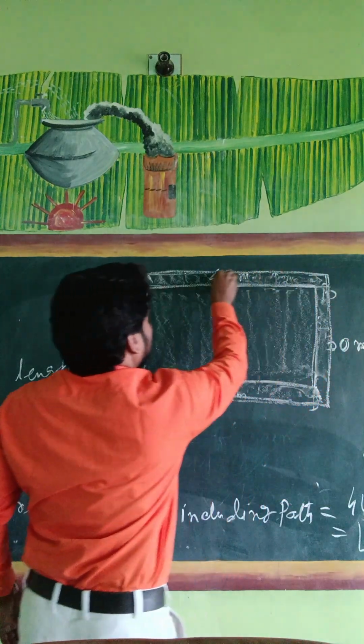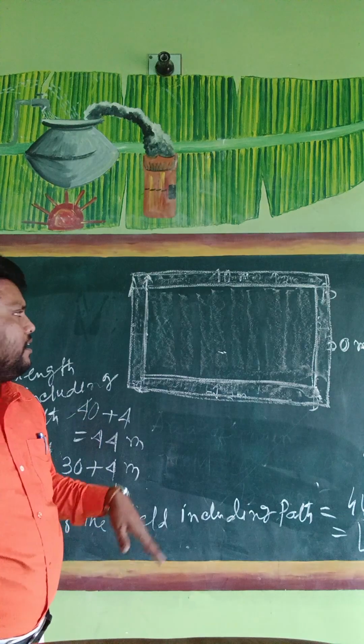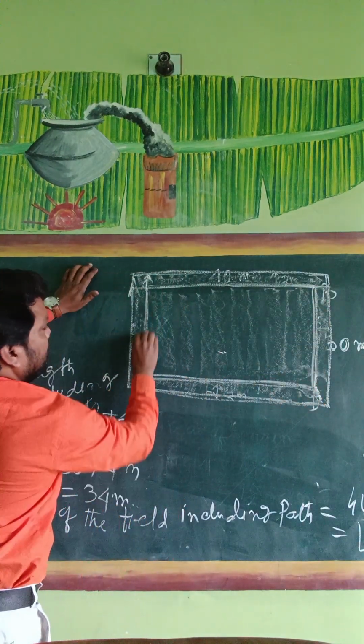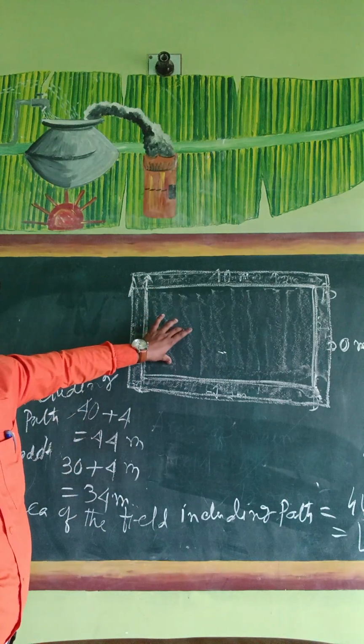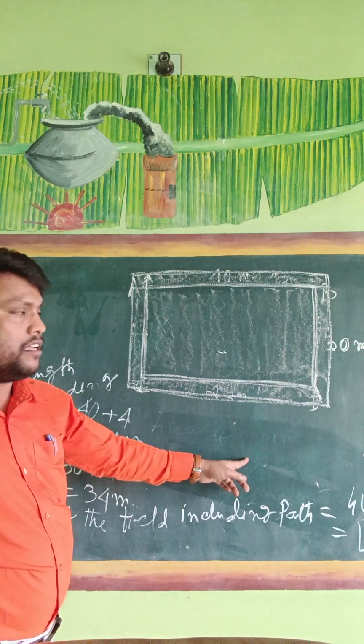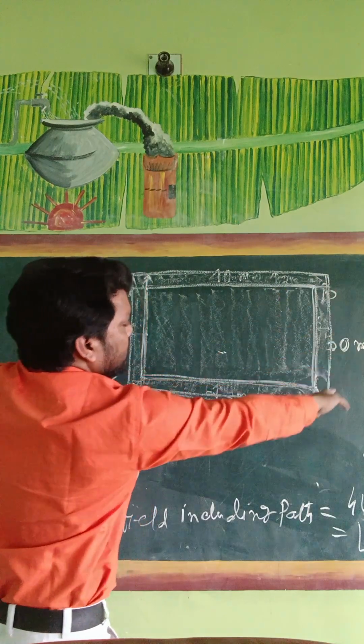So what is the summary? At first, in this type of question, you will find the area of the inner figure. It is a rectangle, so length into breadth. So there was 1200 meter square, but there is a path outside the field.